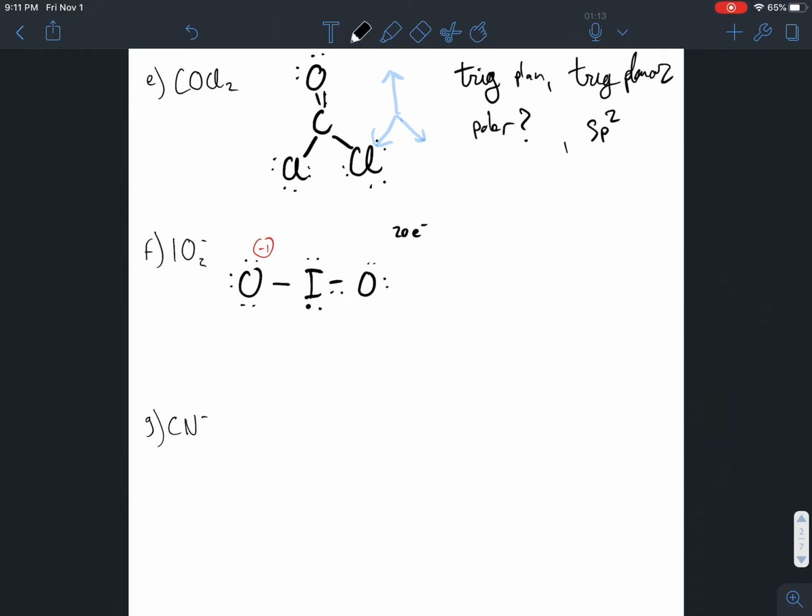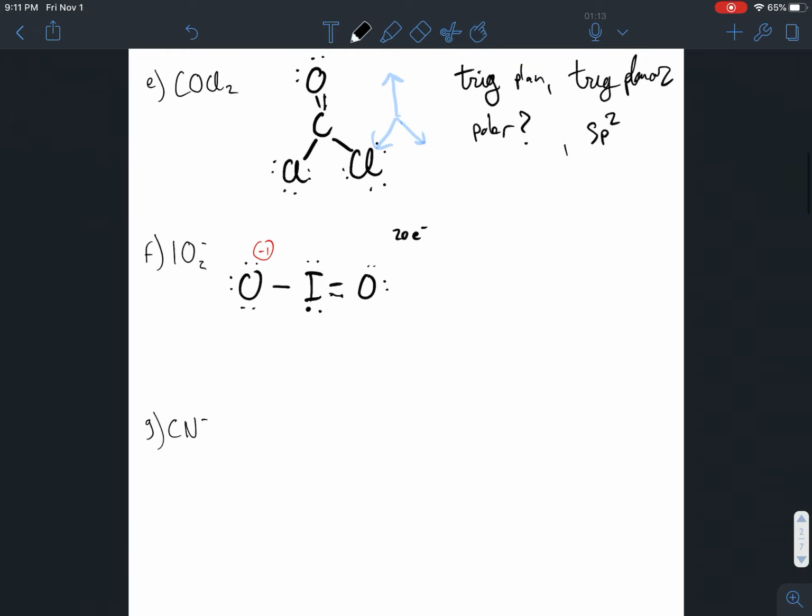And that works. However, this does not imply that the negative charge on the left oxygen is also simultaneously on the right oxygen. So that means I want to draw a Lewis structure, and you can put brackets around it. Or let's do horizontal Lewis structures.